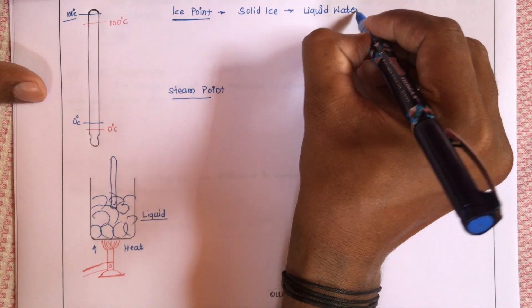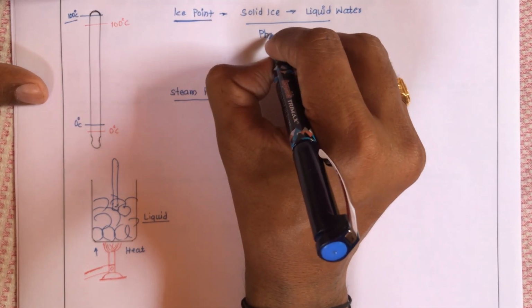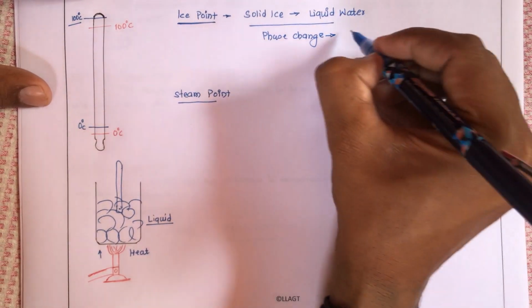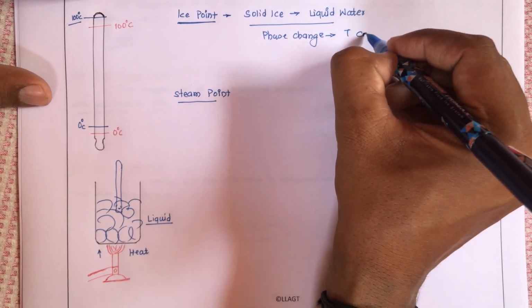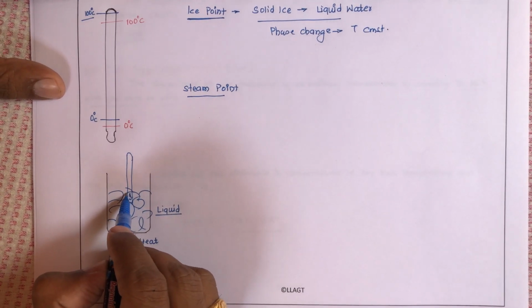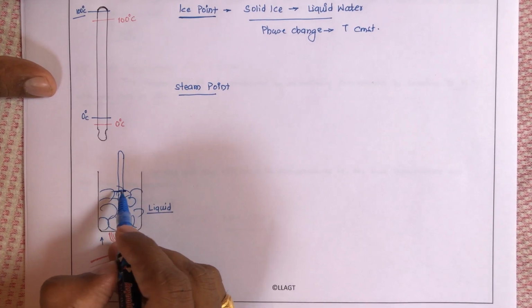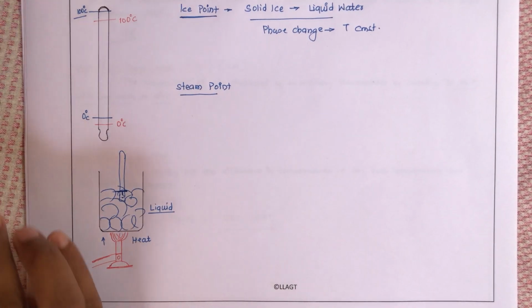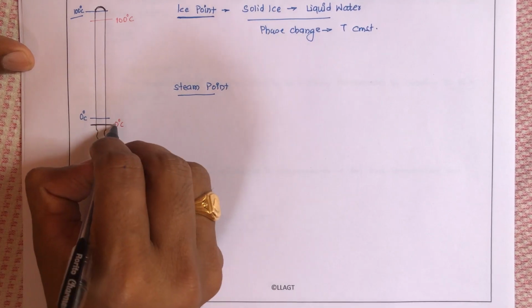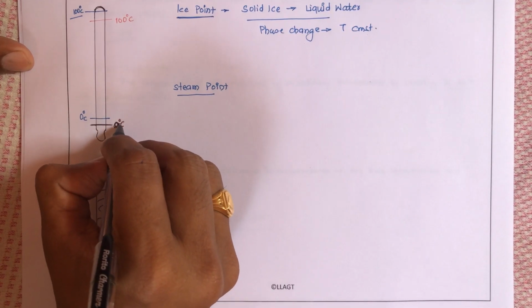And we know that during a phase change process, temperature remains constant, meaning one constant value will be shown on this thermometer, and that value we are going to plot here. We are going to plot 0 degree Celsius.